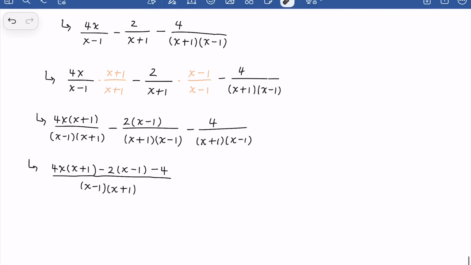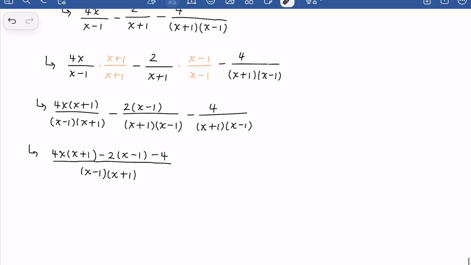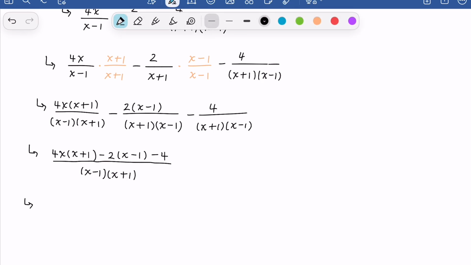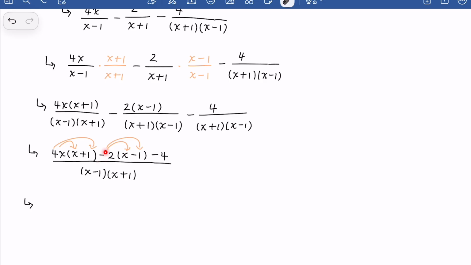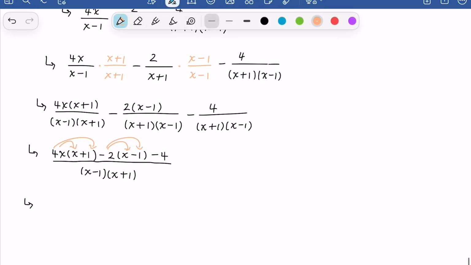Now let's go ahead and distribute and simplify and combine like terms. So we know that this 4x here is going to be distributed to everything in our parentheses, and we know this minus 2 is also going to be distributed to everything. We can't forget to take this minus sign with us. So we're going to end up with a 4x squared plus 4x minus 2x plus 2 minus 4 in the numerator.